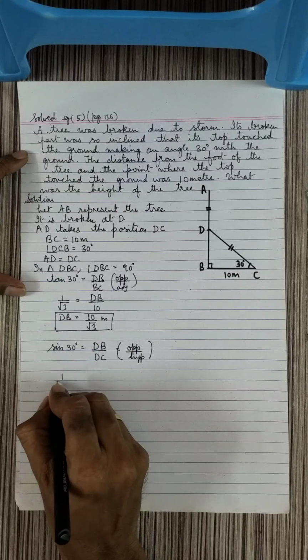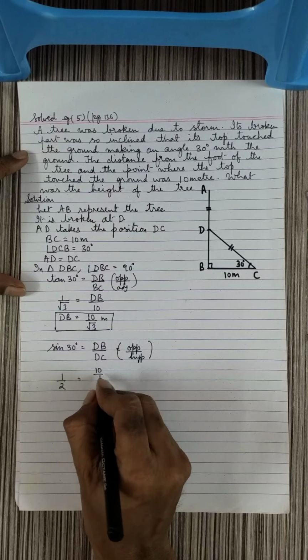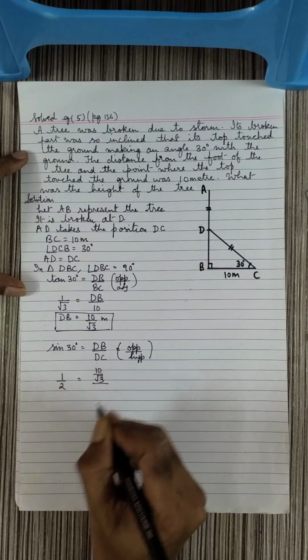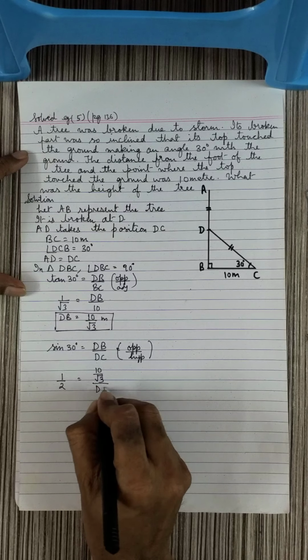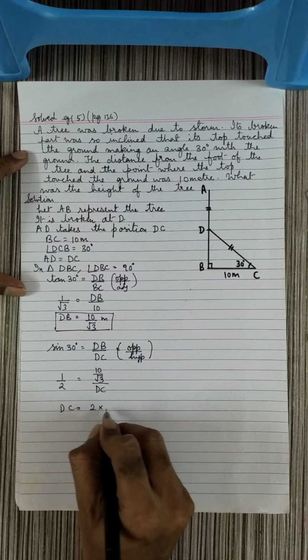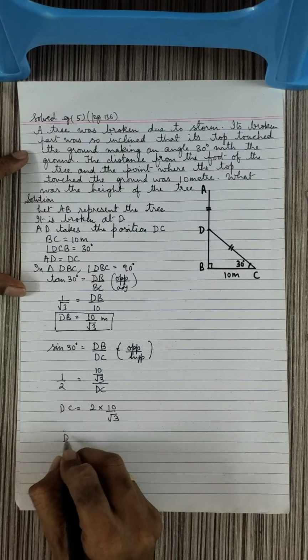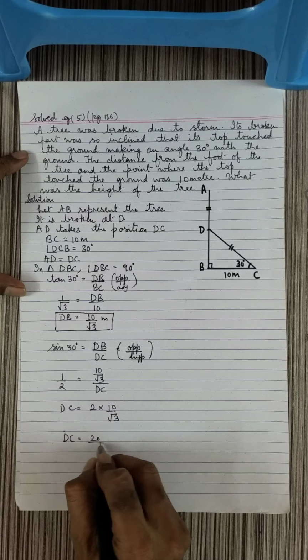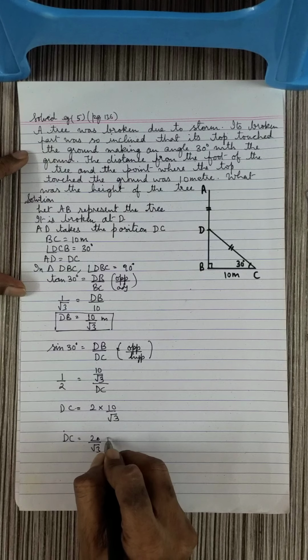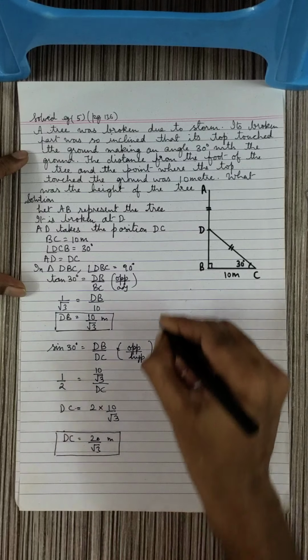So sine 30 is 1 upon 2, and DB we got 10 upon root 3 upon DC. So DC will become 2 into 10 upon root 3. Therefore DC will be 20 upon root 3 meters. So we got DC also. I am continuing here only.